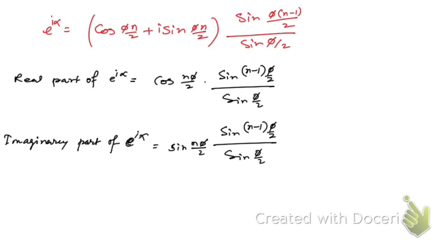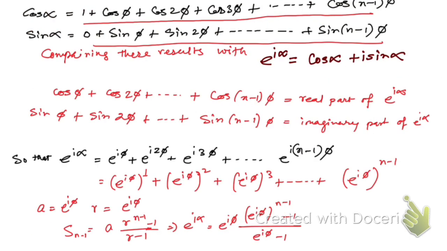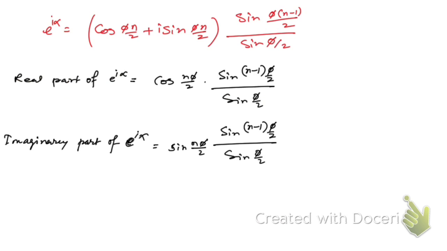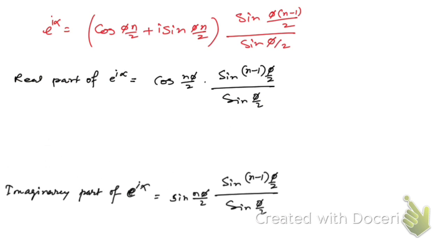Now let me go back to the previous slides. Here you see the real part of this is this, right? So let me copy this and go back. So here we can write that this series is equal to this one, right?